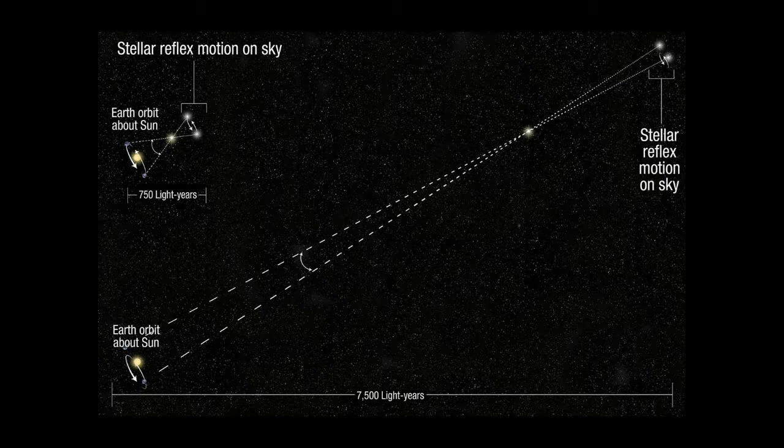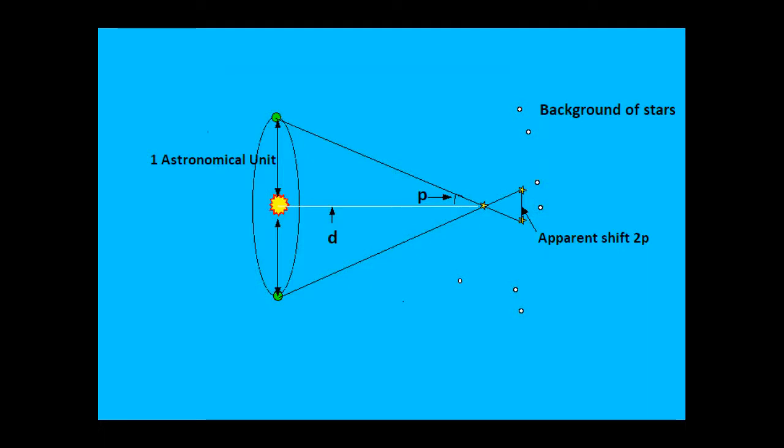What we see is the apparent movement of the star in the foreground. The Hubble telescope, which is the telescope that's used by NASA to get these photos, is actually able to measure those angles. So the Hubble telescope can use parallax to find the distance then to some of those closer stars.